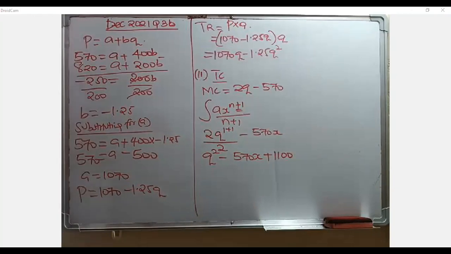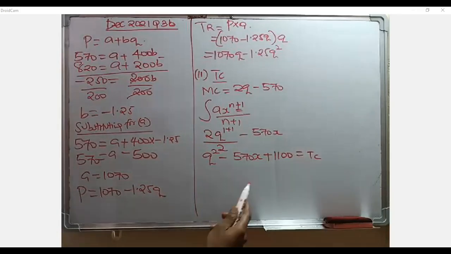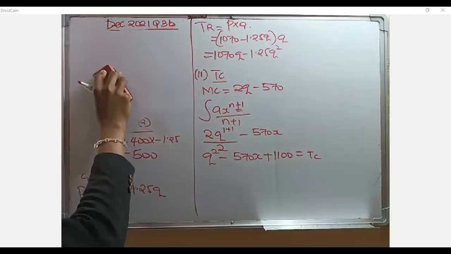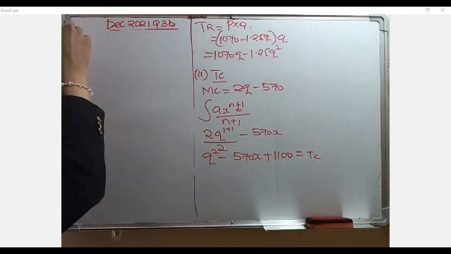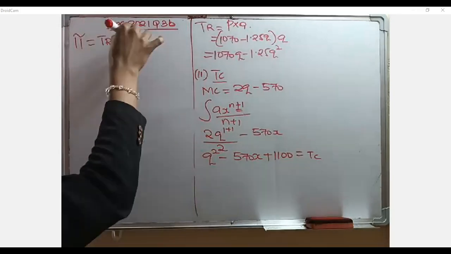Now, when you look at this question, it is very simple to determine the profit function because I already have my total revenue. Number 3, we have been told the maximum profit that the jacuzzi will be able to make. Remember, this is your total cost function. I have the total cost and the total revenue. The examiner wants us to get the profit. To get the profit, I take total revenue minus total cost.